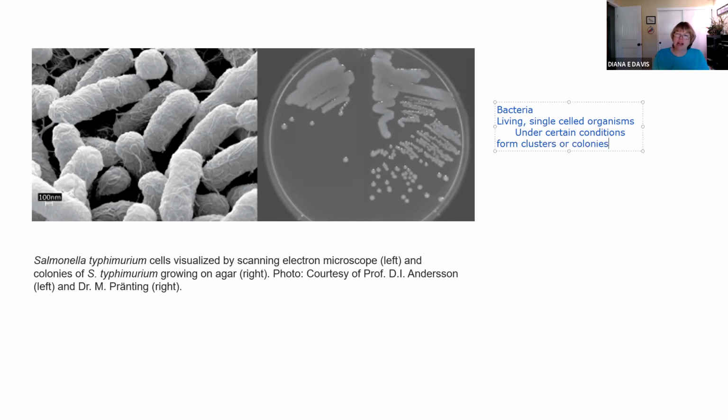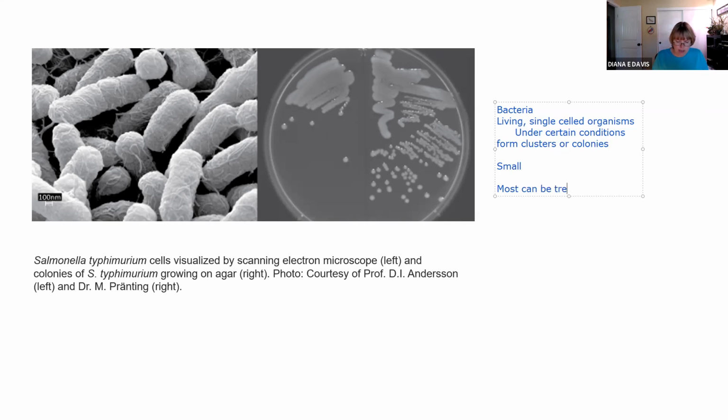But if you break up that cluster and colony, each individual cell can survive on its own. These are small. They're hard to see, even with the kind of microscopes that we have at North Shore, except in the microbiology lab. It's very hard or impossible to see bacteria.